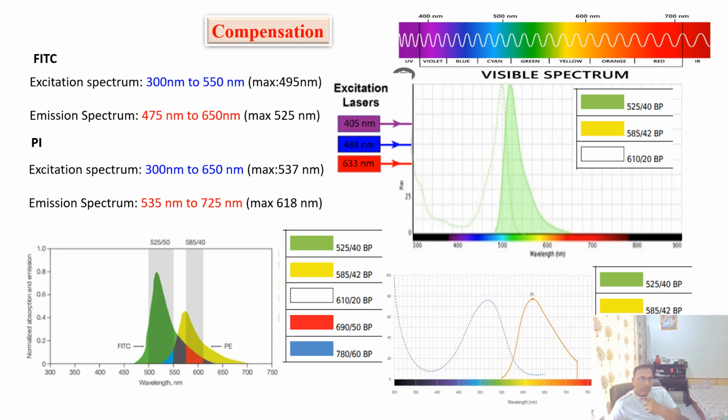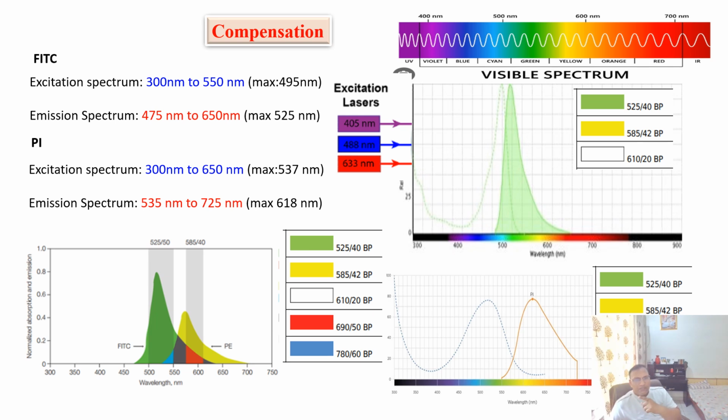Similarly for PI, the emission spectrum ranges from 535 to 725, but the peak is 680. That's why it is mostly detected by the PE filter. We detect it in this filter, but it can also be detected in this one because its lower wavelength range is 535.